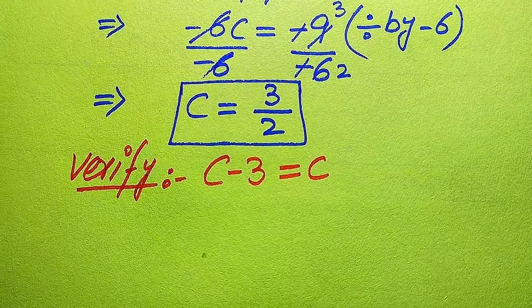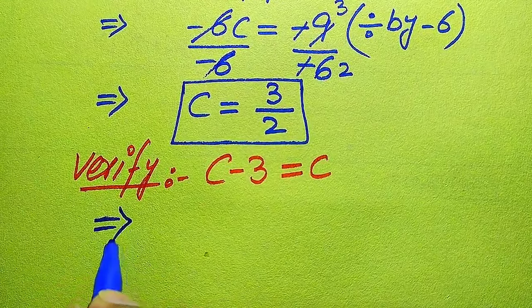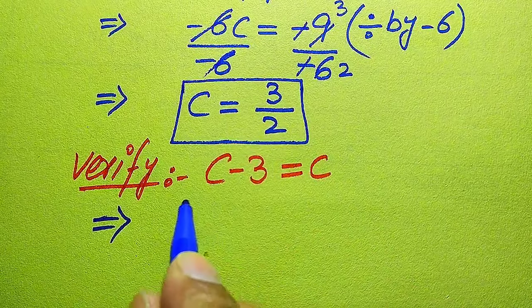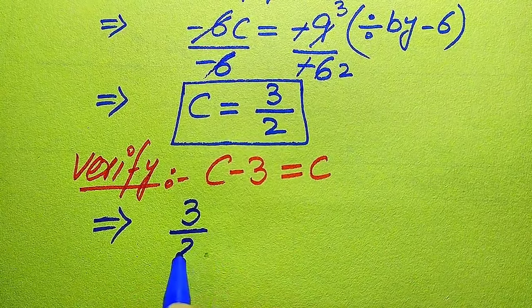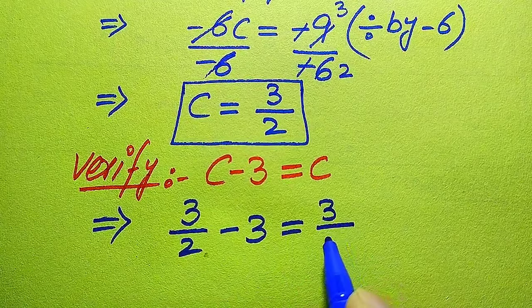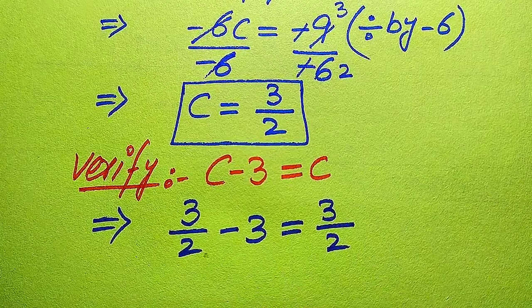And in the next step we just put this value of c on both sides, and it will be written as 3 divided by 2 minus 3 is equal to 3 divided by 2.